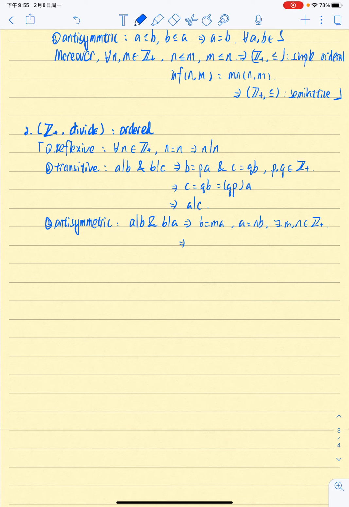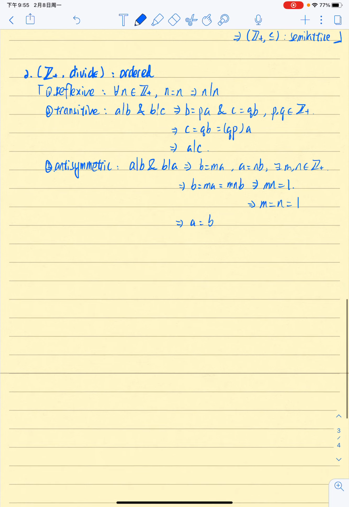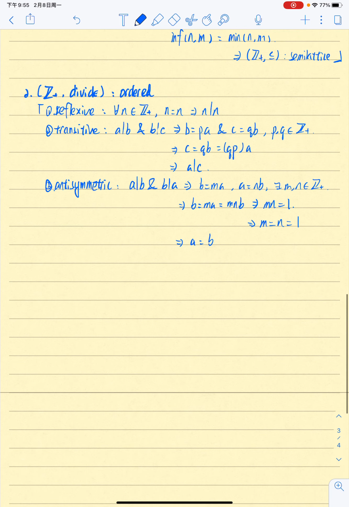Then let's see, B is equal to MA, A is NB, so B equals MNB. That means MN is 1. Because M and N are positive integers, M and N are both 1. That means A equals B. If A equals B, then anti-symmetric is true. Okay, so the positive integers with the relation divides is an ordered set.